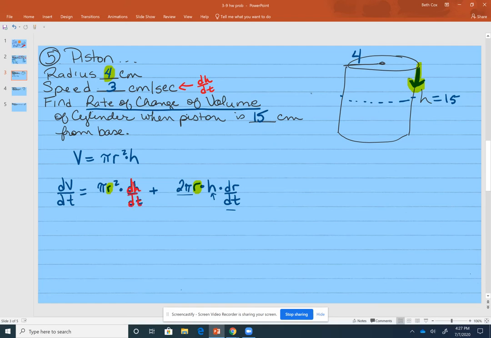That's our dH dt. So that's 3. Now, we know pi. We got 2, we got pi. We know radius. Our height is 15. And then our radius. Well, dr dt is the rate of change of our radius. Well, our radius is not changing, is it?